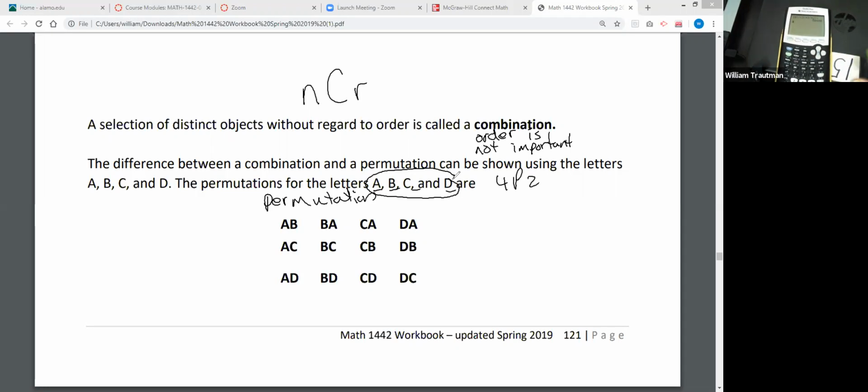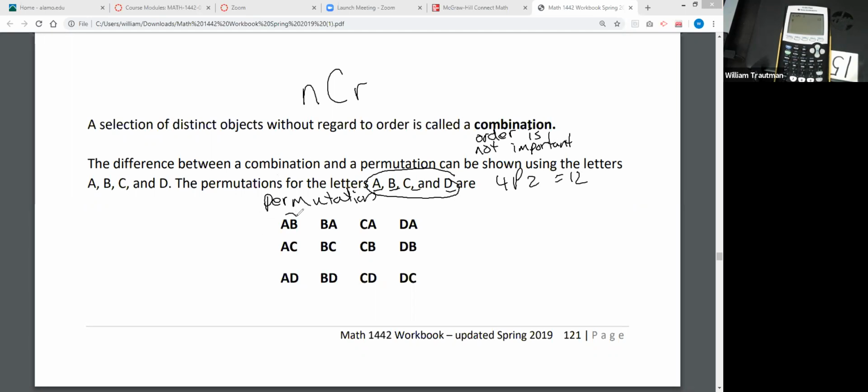So on your calculator, do 4, math, permutation, 2, and I get 12 different ways of arranging these letters.